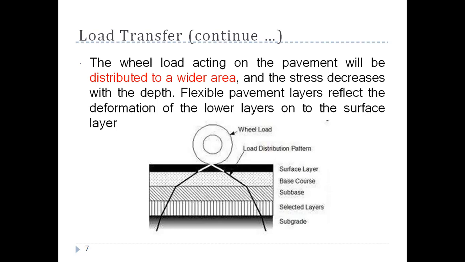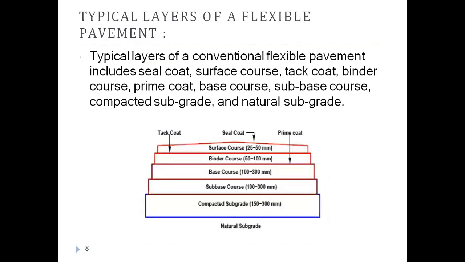So a wider area of the wheel load is distributed downward within the layers beneath it: base course, subbase, and the selected layers above the subgrade. As the load is distributed to the subgrade, the wheel load coming from the surface layer is decreased to a greater extent, and the stress decreases with depth, so the load transfer can be reduced by using these pavements.